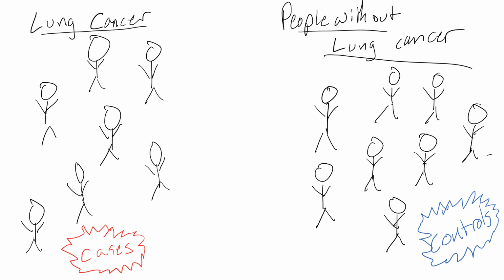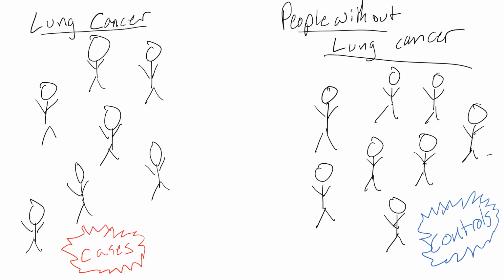A second potentially important source of bias is selection bias. Say, for example, that we identified lung cancer patients through a cancer hospital. Then we selected controls from the general community. It's possible that our cases were more likely to smoke because they were selected from the hospital, and people in hospitals generally tend to be less healthy than people in the general community.